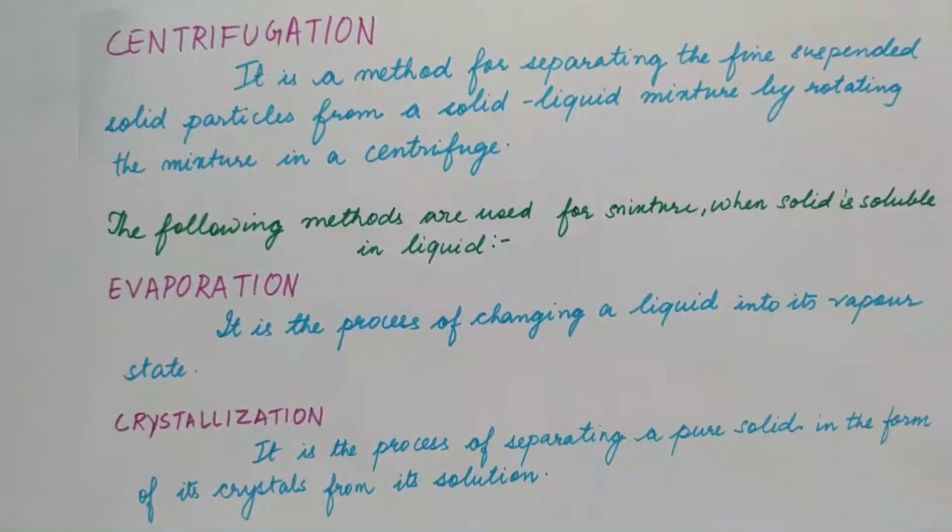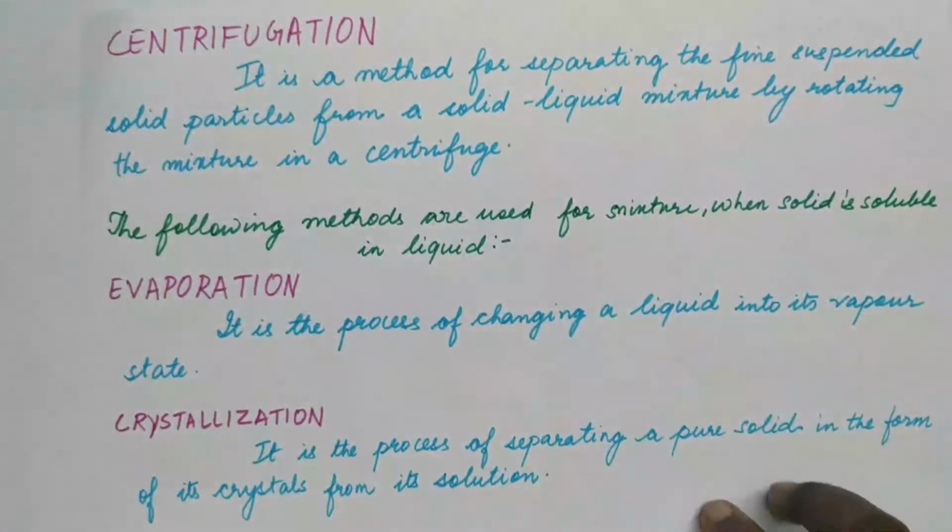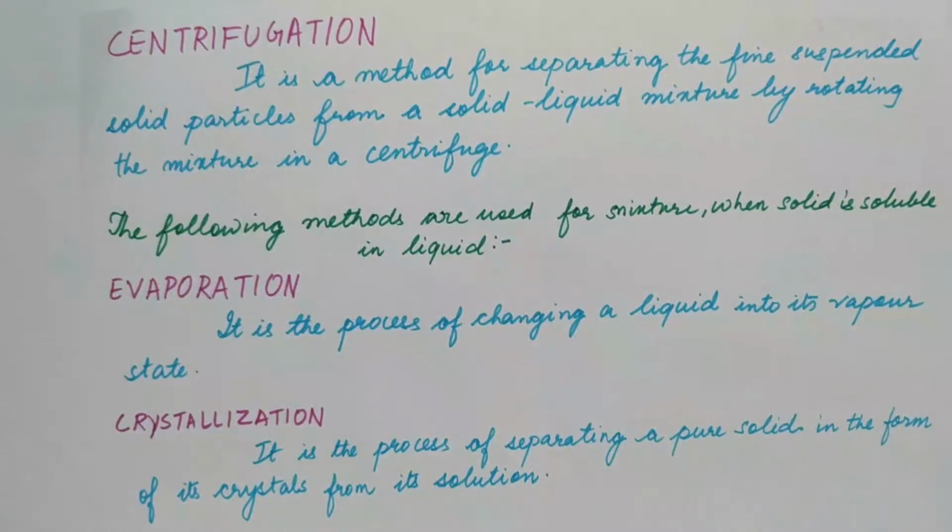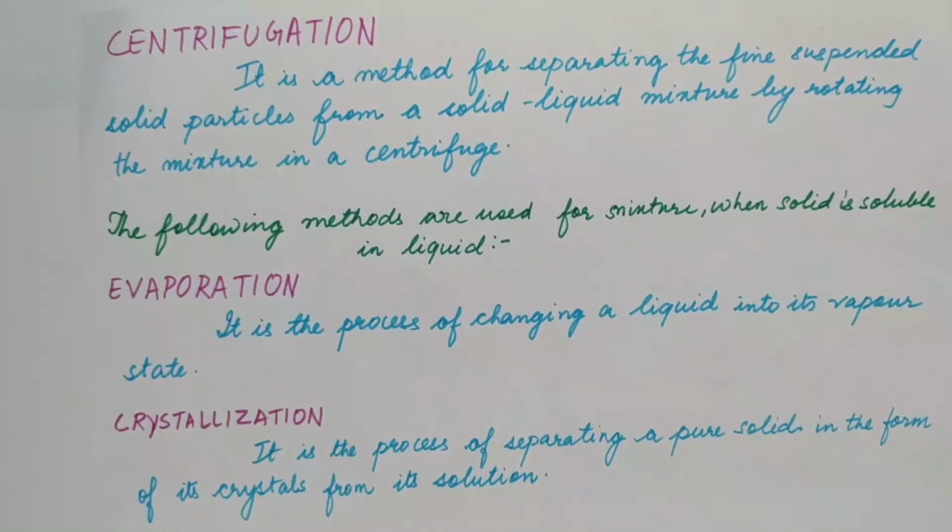It is very similar to evaporation, but here the solid forms the crystal. Crystals are the solids which have regular shape, flat surfaces and straight edges, so they are called crystals. Similarly the crystals will be remaining and the water will evaporate.